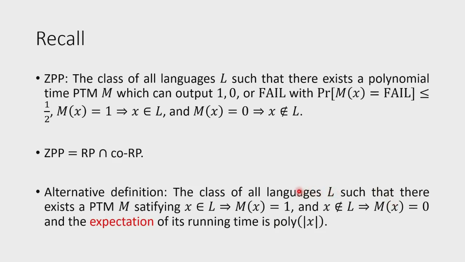So it's like the Turing machines that we have been seeing up till now. Moreover, it never errs. But the caveat is that the running time need not be polynomial in the size of X, but the expectation of the running time is polynomial in X. And again, the expectation is taken over the internal randomness of the Turing machine.